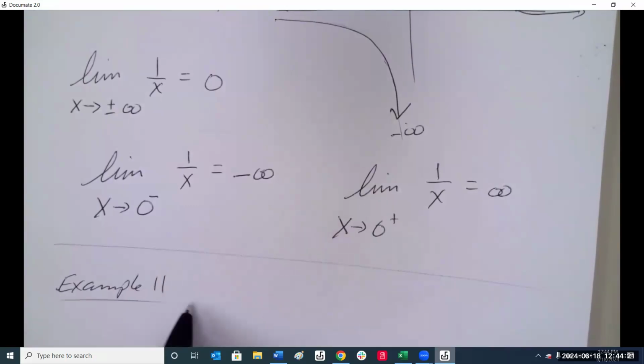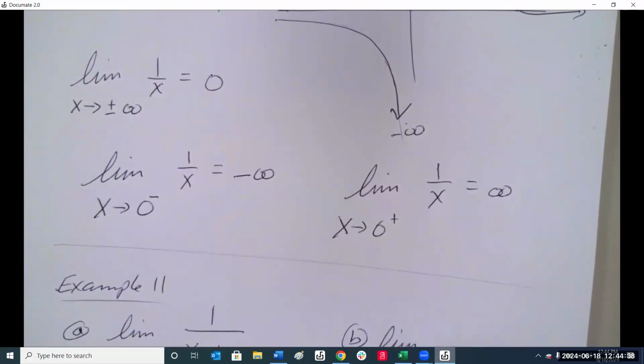Example 11. A. Limit as x approaches 1 from the right of 1 over x minus 1, and the limit as x approaches 1 from the left.